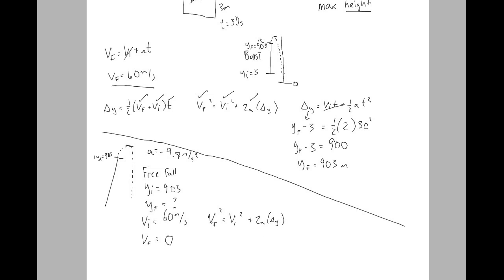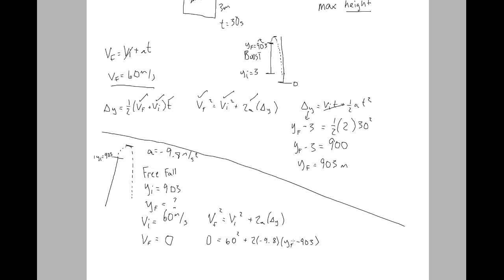Now, v final squared is going to be 0 equals, so now I've got my v initial squared, which is 60 squared, plus 2 times my acceleration, which is negative 9.8, times delta y. I'm going to write it as y final minus my y initial, which is 903.